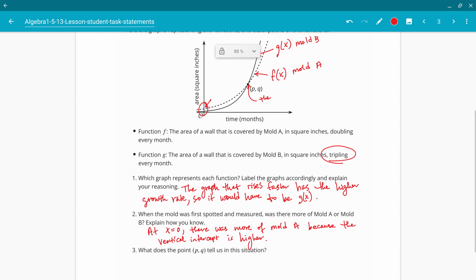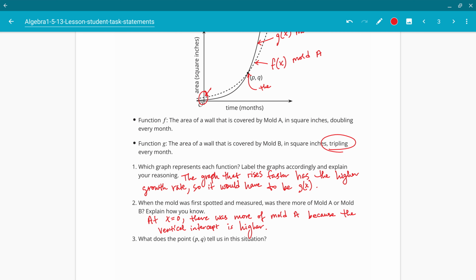So we can write that down here. The intersection point: both walls have the same amount of mold.